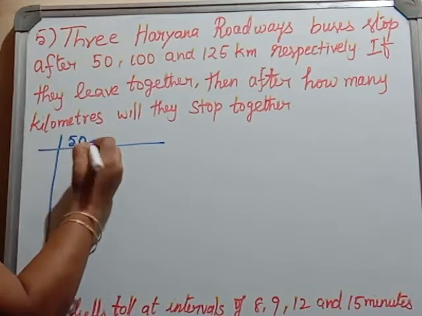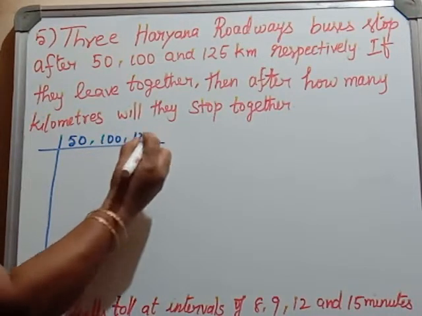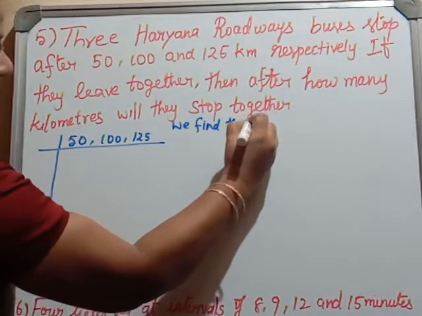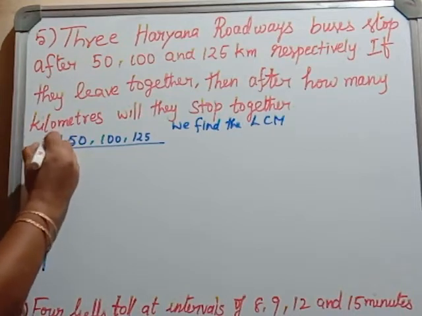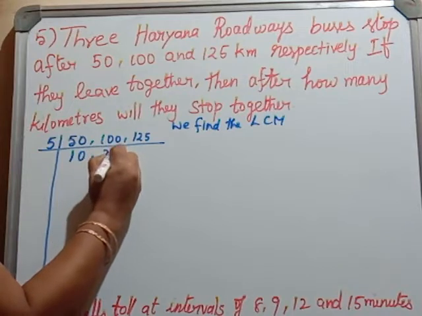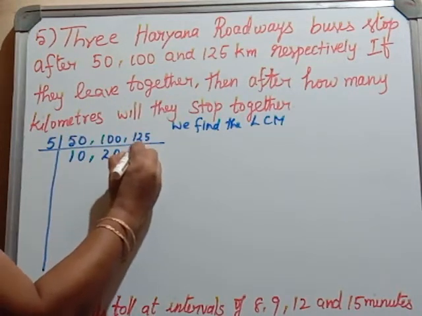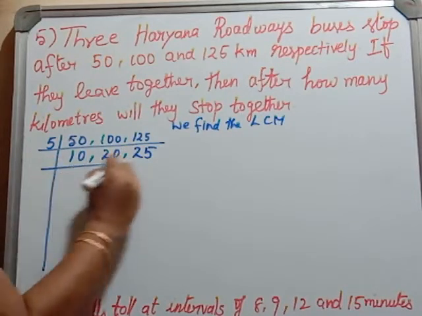Now we will find the LCM for 50, 100 and 125. Now I will take 5. 5 ones are 5, 2 5s are 10, 5 5s are 25.